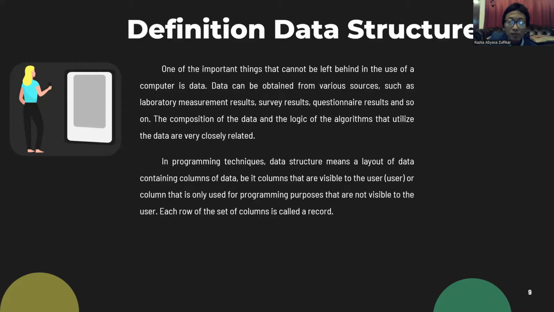The composition of the data and the logic of the algorithms that utilize the data are very closely related. In programming technique, data structure means a layout of data containing columns of data, be it columns that are visible to the user or columns that are only used for programming purposes that are not visible to the user.